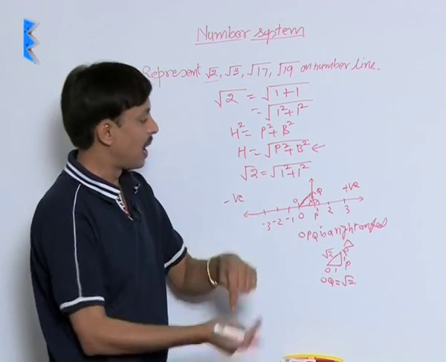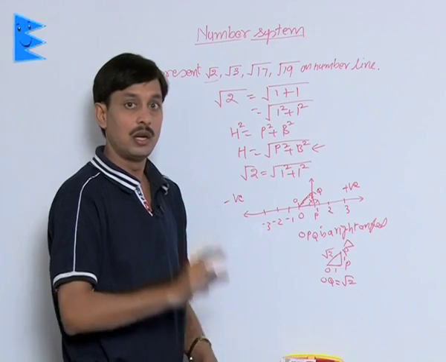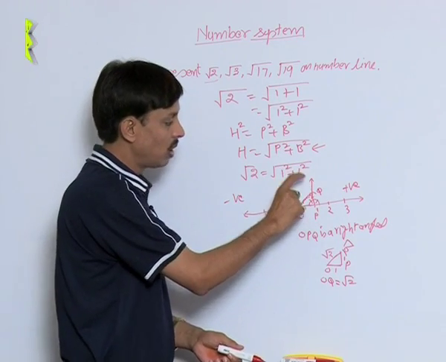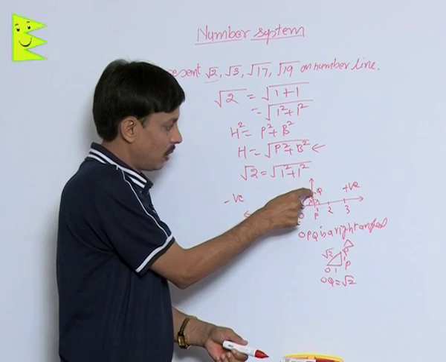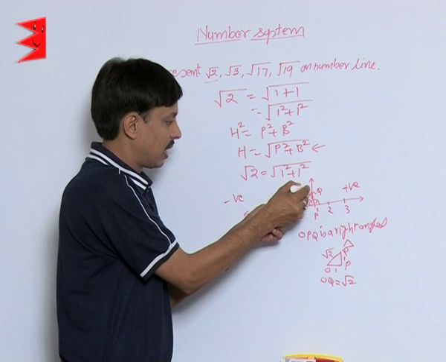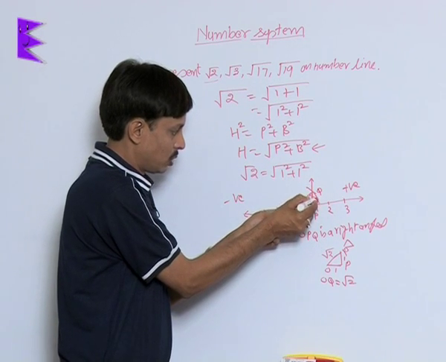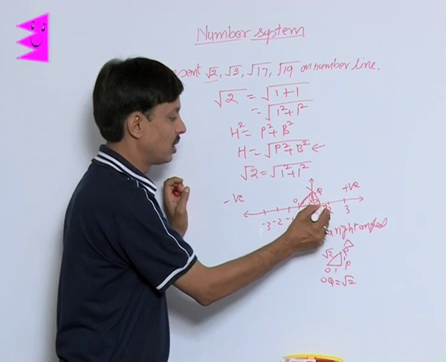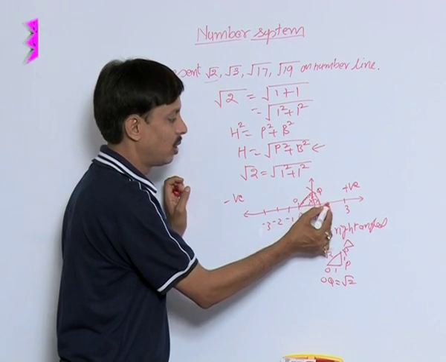To bring this part OQ onto the number line, take the compass, fix its needle at O, open it till the pencil reaches Q, and then mark an arc like this. So we will get a new point, suppose M, which is somewhere between 1 and 2.